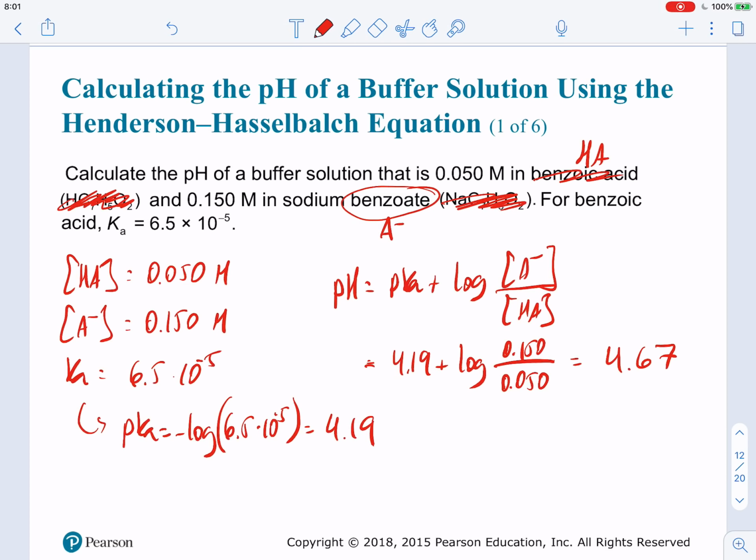So using the Henderson-Hasselbalch equation, it's almost as if you have already done the ICE table and all that stuff, and you derive the final equation that you get out of the ICE table. That's pretty much what the Henderson-Hasselbalch equation is. But that means you just apply the equation directly to your situation, the buffer that you have, using the concentrations of the acid and the base that you have at the moment. Okay, so the pH here is 4.67.